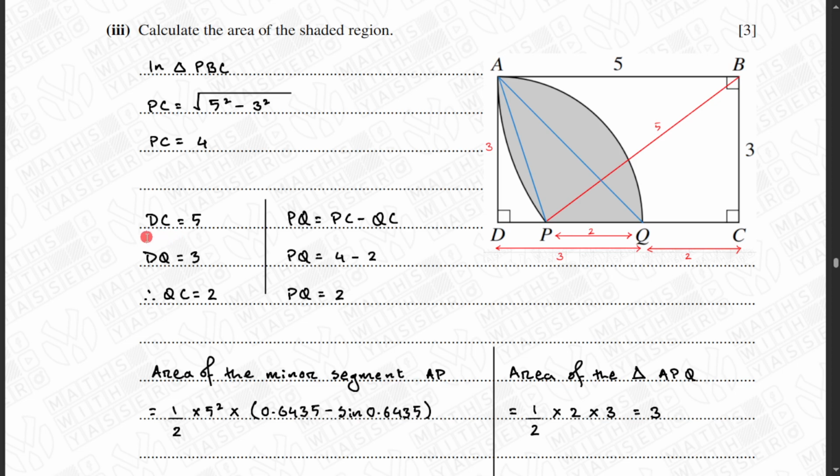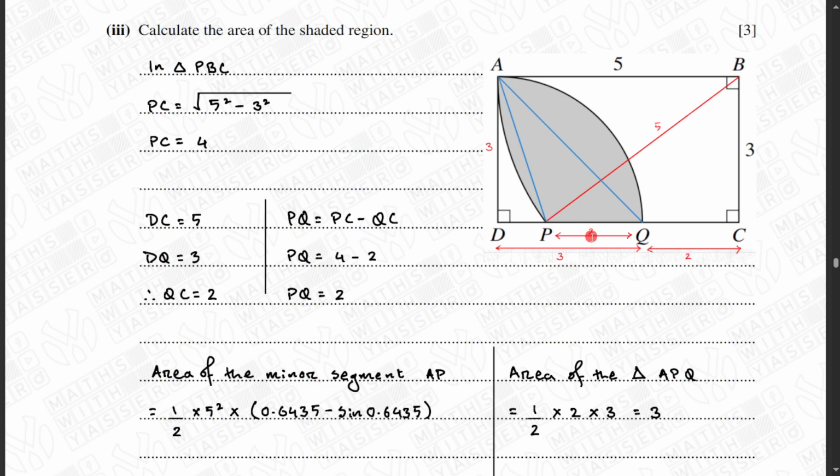DC is equal to 5 and DQ is equal to 3. So this whole thing is 5 and DQ is 3 because it's the radius of the sector DAQ. So if this is 3, the remaining bit, QC, must be 2.